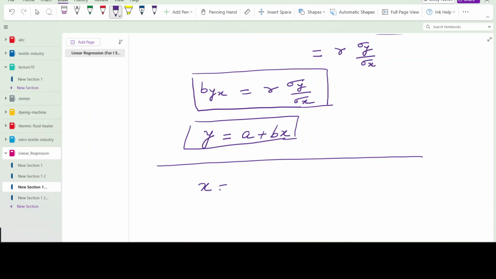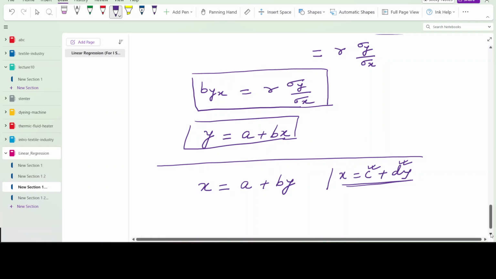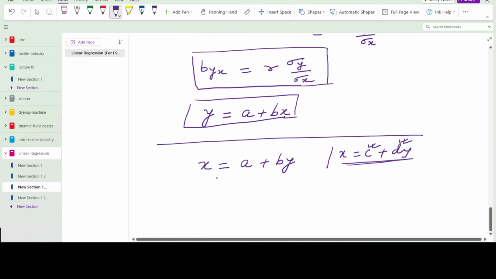When we regress x on y, then we can write x is equal to a plus by. Although it would have been better if I would have written it c plus dy, because these constants will be different, but for the sake of continuity I am using this equation x is equal to a plus by. Okay.